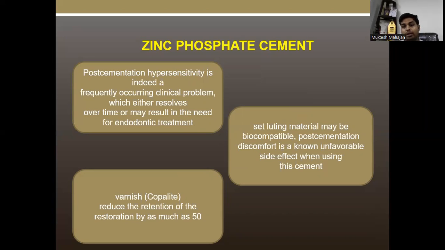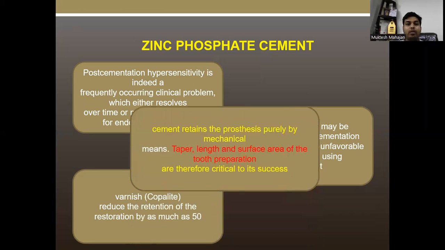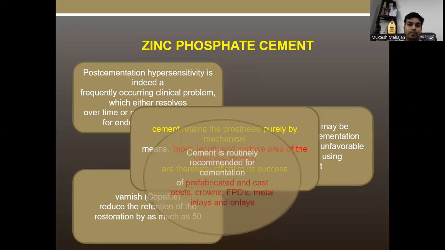The set luting material may be biocompatible. Post-cementation discomfort is known as an unfavorable side effect when using this cement. Varnish reduces the retention of the restoration by as much as 50 microns. The cement retains the prosthesis purely by mechanical means, so the taper length and the surface area of the preparation are critical to its success.